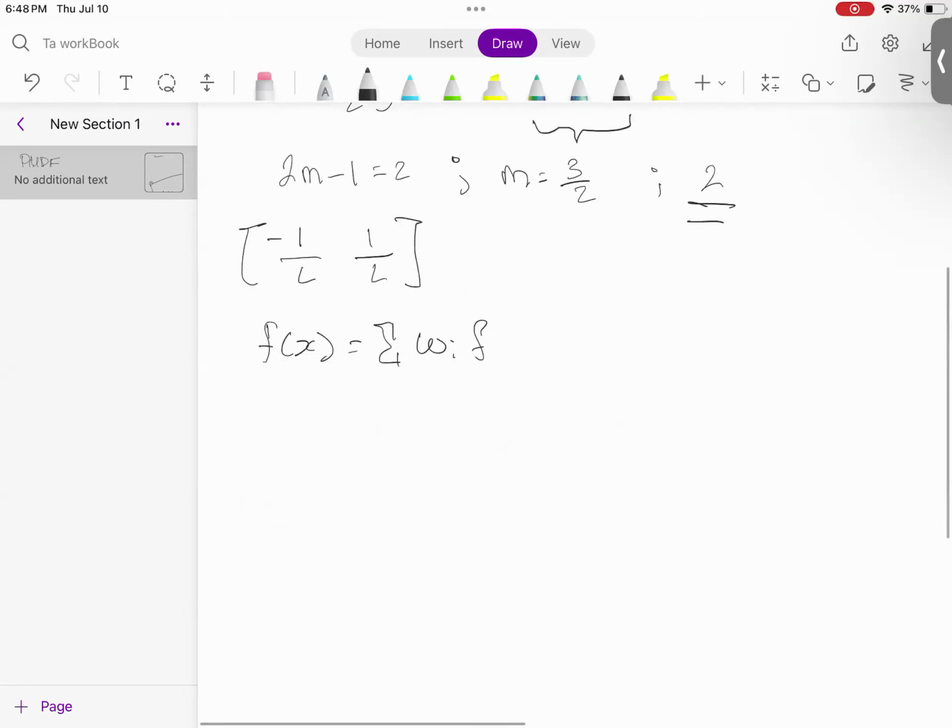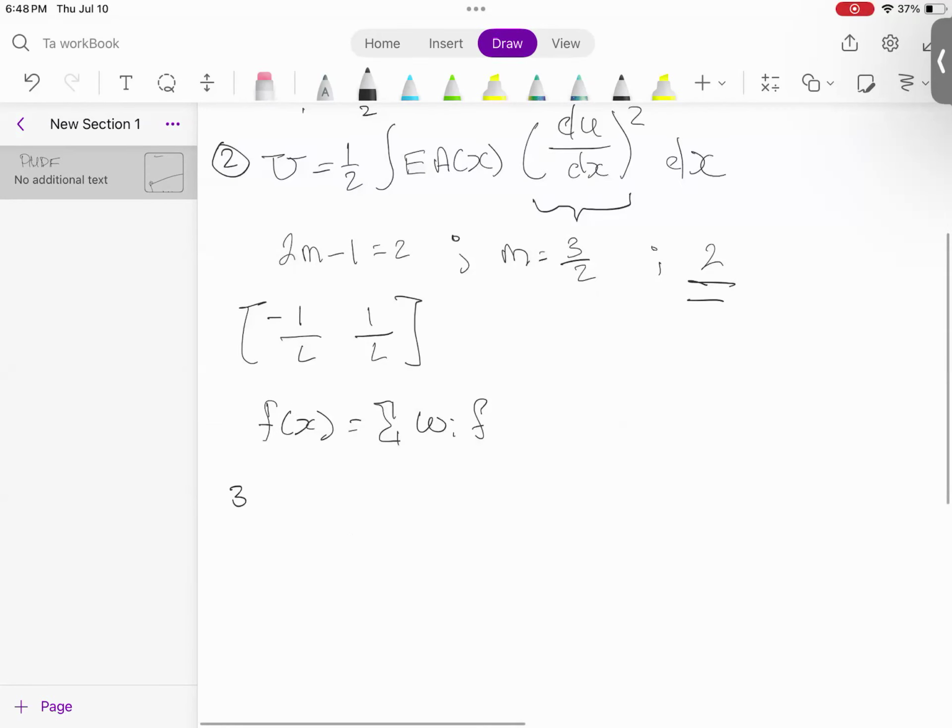So next, step 3, we want to substitute du over dx squared for our Gauss integration points, bringing them back into the equation.